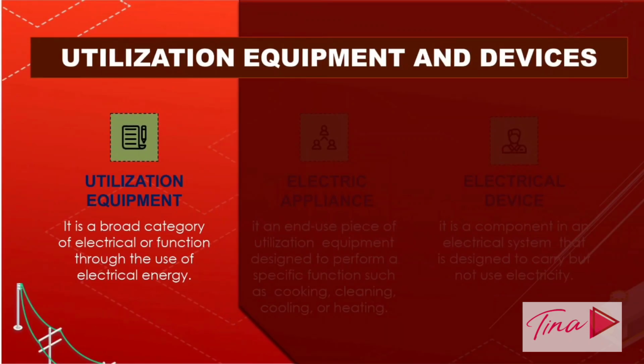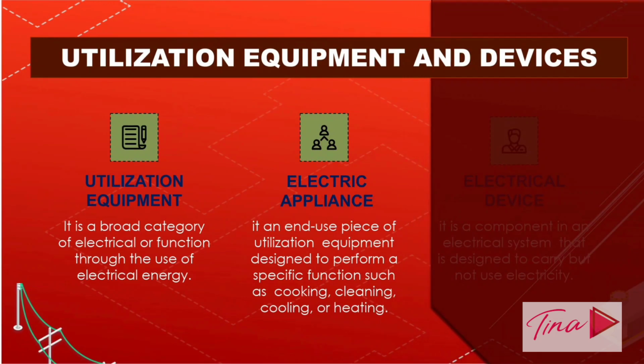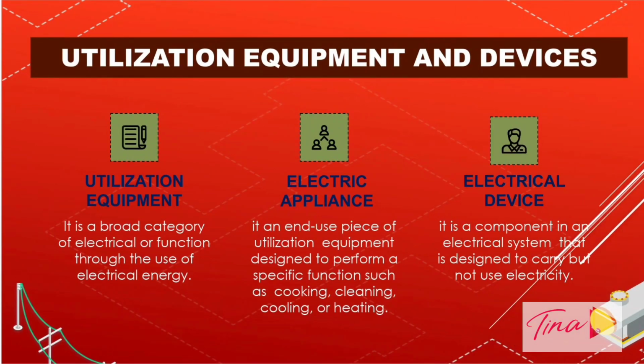Now, an electric appliance is an end-use piece of utilization equipment designed to perform a specific function such as cooking, cleaning, cooling, or heating. Electrical device is a component in an electrical system that is designed to carry but not use electricity. These include components such as switches, receptacles, and relays.